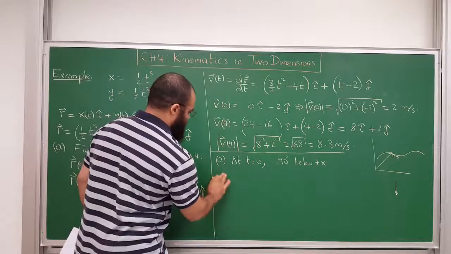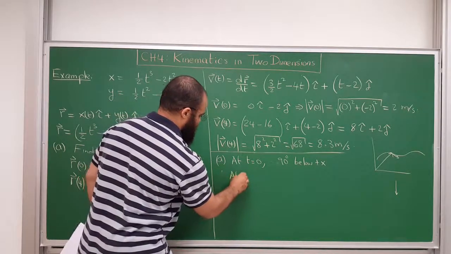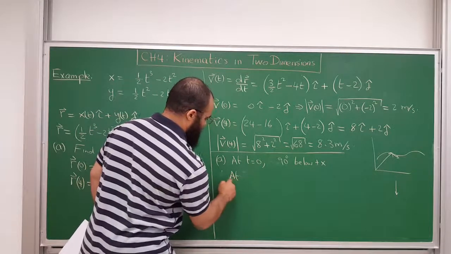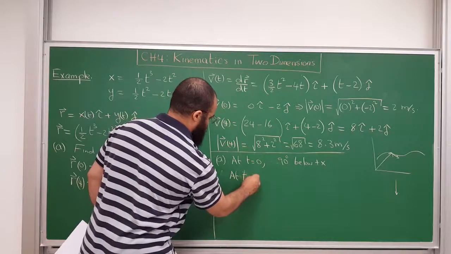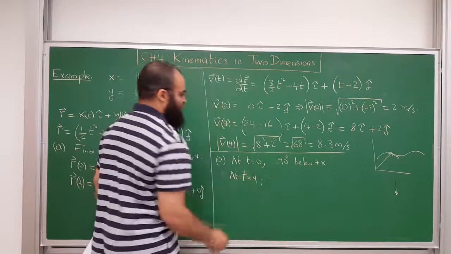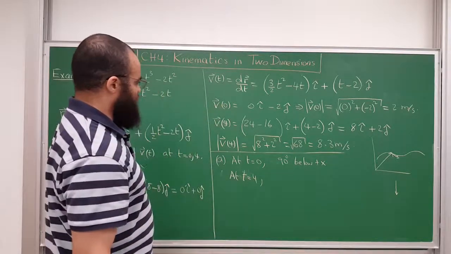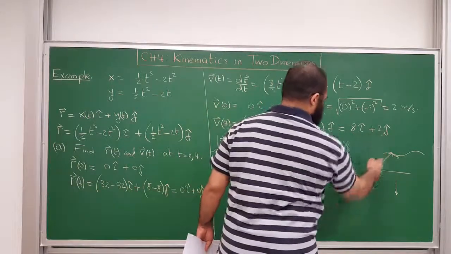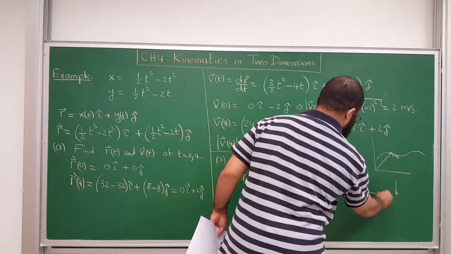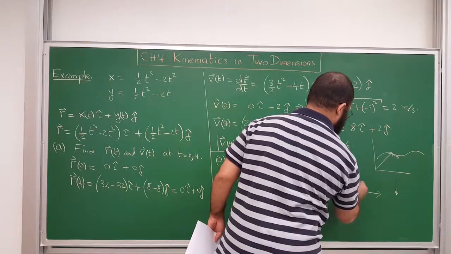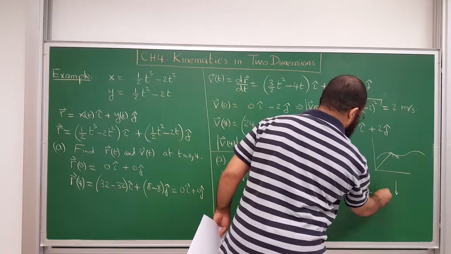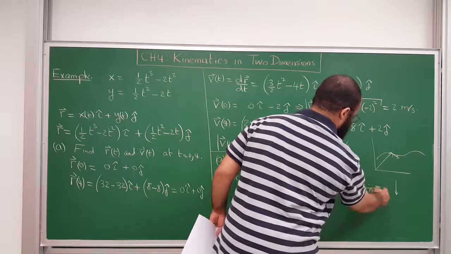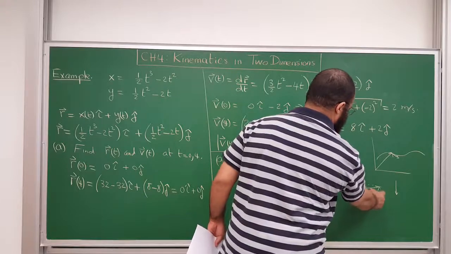And then at t equal to 4 seconds, what's the velocity? Well, the velocity at t equal to 4 seconds is 8 i hat plus 2 j hat. So it's 8 units in the x direction, only 2 units in the y direction. So the direction of motion is that way. So this is theta. And the tangent of theta is opposite over adjacent.